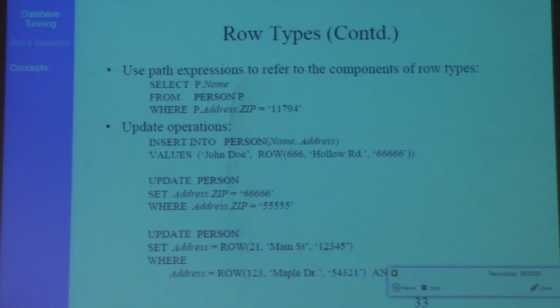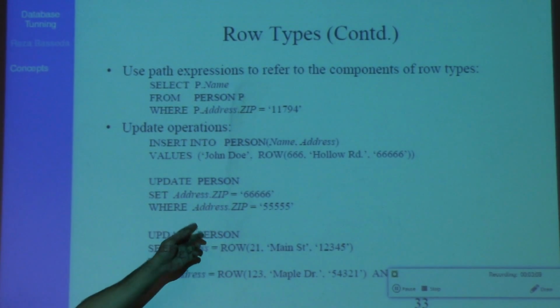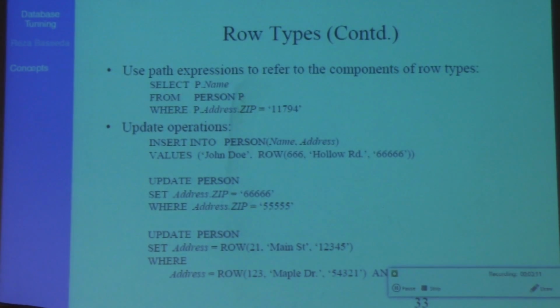So what is the difference from pure relational? Forget about a set of rows. Just suppose that you have one row, and each person can have only one address.